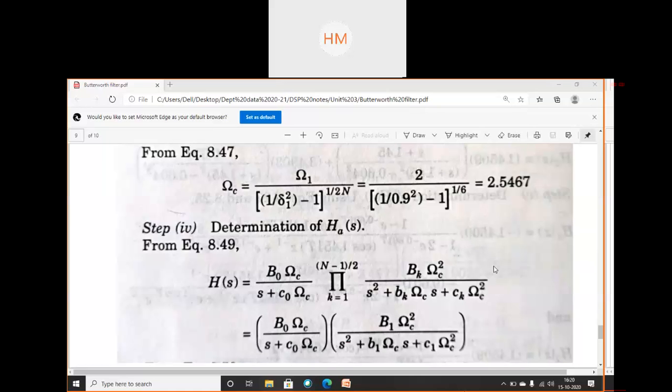How will you get small b, capital B? We have written all the equations in the designing steps. So please tell me the value of small b1. Capital B0, B1 is very easy.